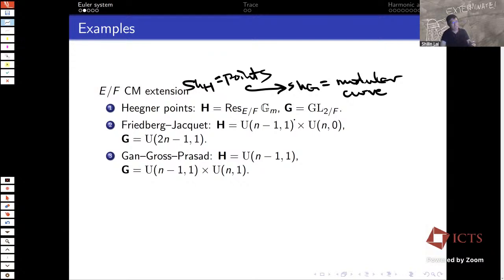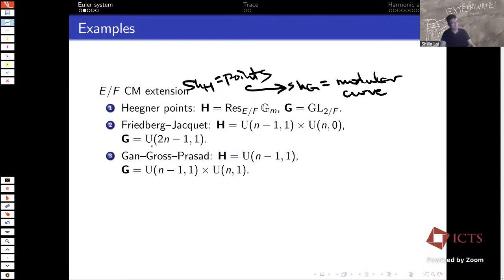Now, this example can be generalized in 2 different directions. Both 2 and 3 are generalizations of the first example. In example 2, we take G to be a unitary group in 2n variables, and H to be 2 unitary groups in n variables each.